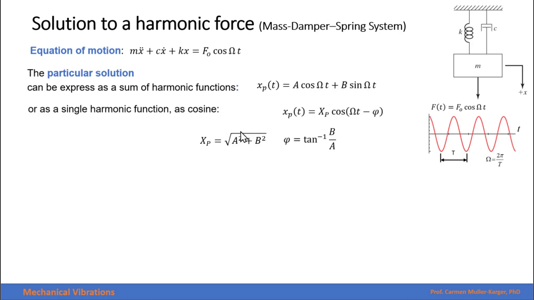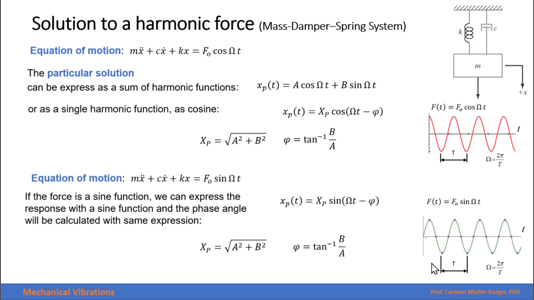We can demonstrate, as we did in the first chapter when we studied harmonic motion, that the amplitude of this single harmonic motion will be the square root of a squared plus b squared, and the phase angle will be the inverse tangent of b over a.